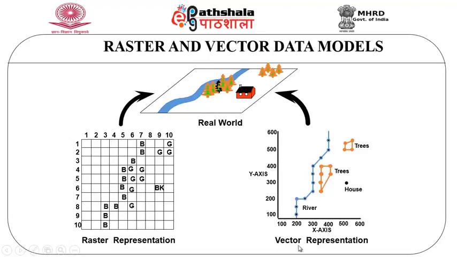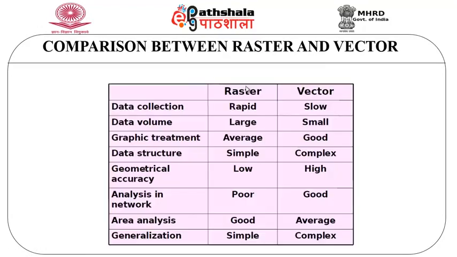In the vector representation, you have the x-axis and the y-axis, and the data set is represented using x comma y plots. You have the river plotted, the trees plotted in their particular locations, and the house plotted at its x comma y location. Both these data sets visualize the entire real world using two different data models.